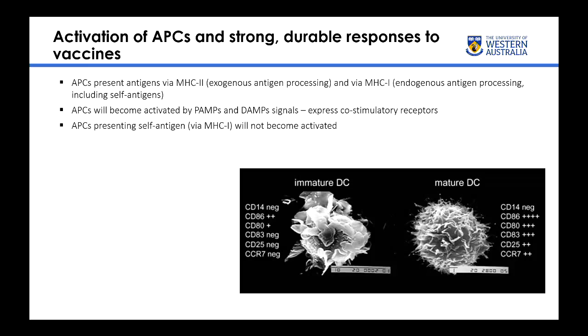Furthermore, if the APC is not properly activated, it won't express those co-stimulatory signals that are necessary to activate T cells. So if you remember, MHC class 1 is presented on all of our nucleated cells, right? So they will be presenting not just pathogen antigens, but also self-antigens as well. However, the difference is that when you're presenting a self-antigen, the co-stimulatory molecules are not engaged.